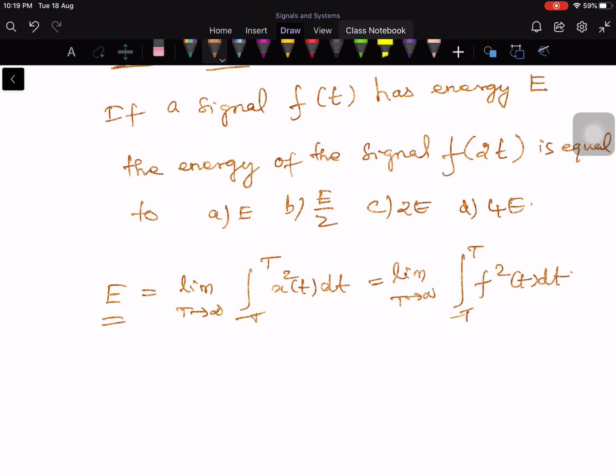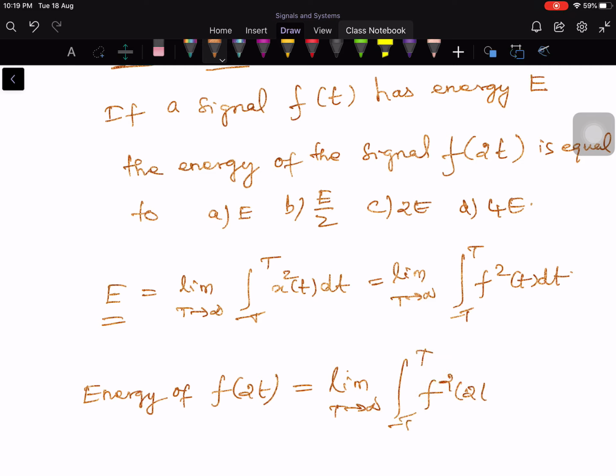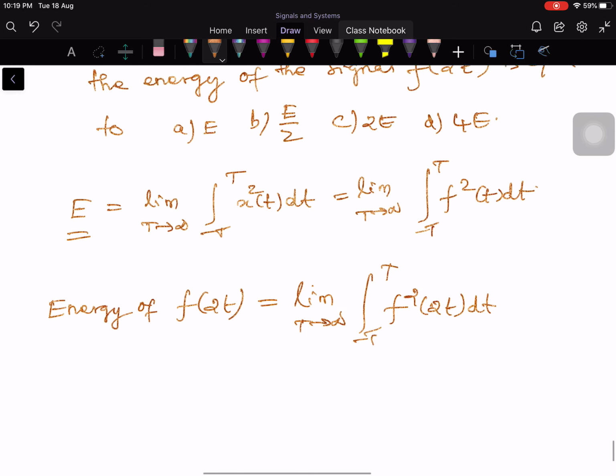Okay, now what we want is to find out the energy of f of 2t. So the energy of f of 2t is, again the same formula, limit t goes to infinity integral from minus t to plus t f square of 2t times dt.